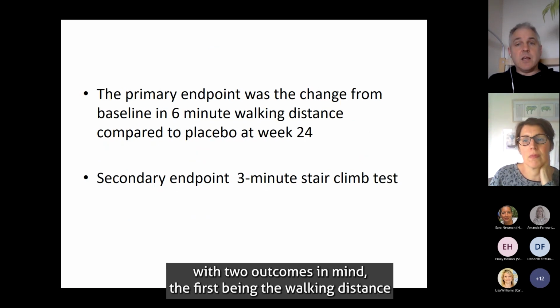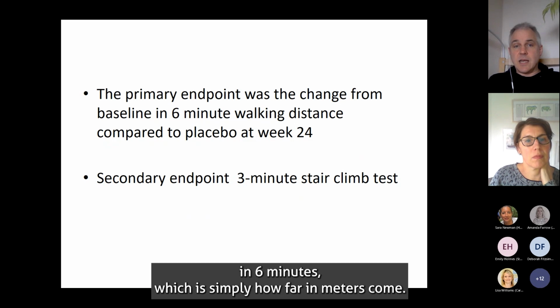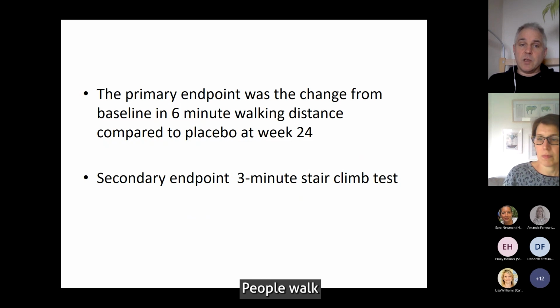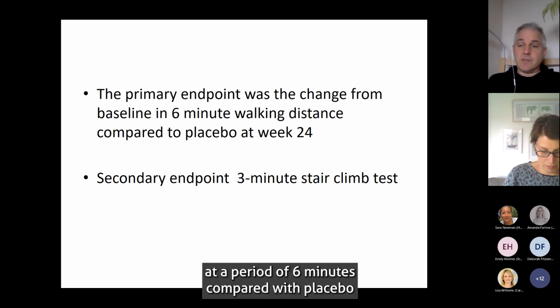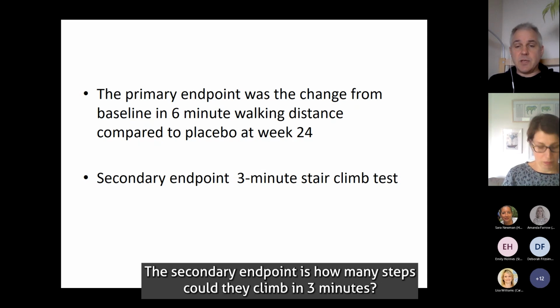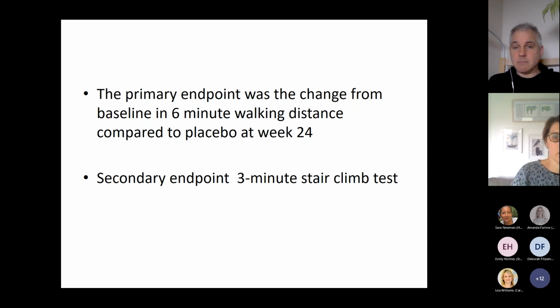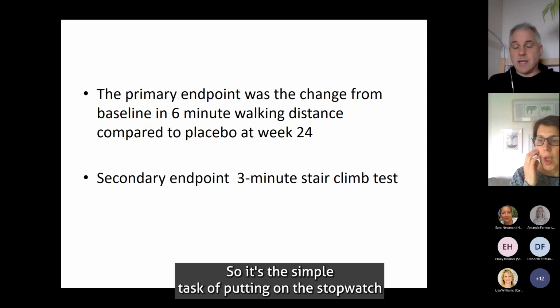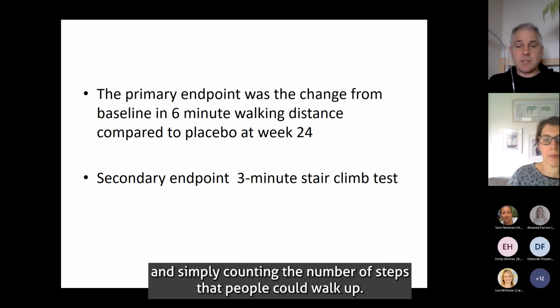The first being the walking distance in 6 minutes, which is simply how far in meters can people walk in a period of 6 minutes compared with placebo at baseline and then after 24 weeks of treatment. That was the primary endpoint. The secondary endpoint was how many steps could they climb in 3 minutes. So it's a simple task of putting on the stopwatch and simply counting the number of steps that people could walk up.